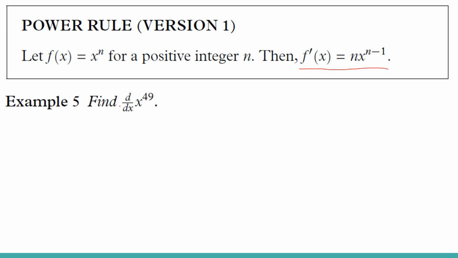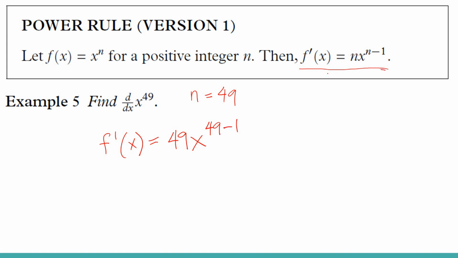Example. Find the derivative of x raised to the power of 49 with respect to x. In the given, n here is 49. So its derivative, f prime of x, equals: copy the n, 49, times x, and then n is 49 minus 1.